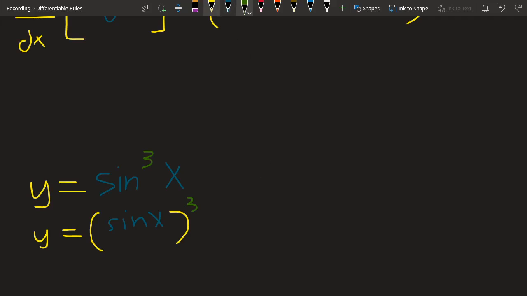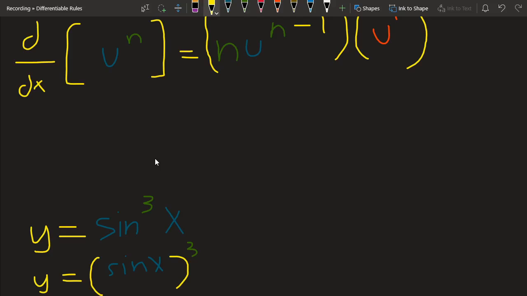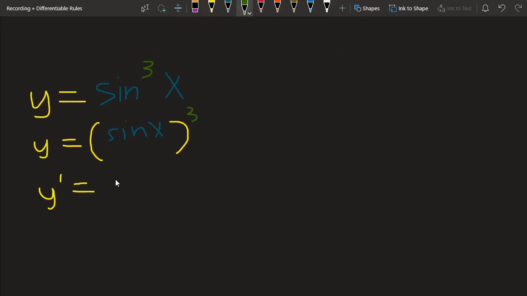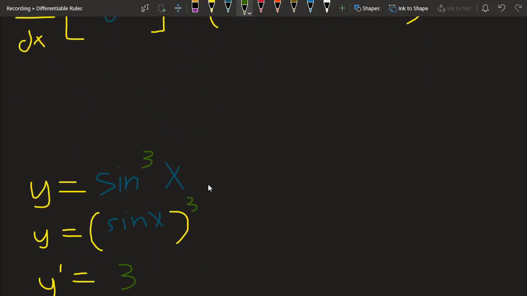If we're asked to find the derivative, which of course we will be, y prime equals, then we can apply the rule we learned up here. First we look at the n, and in this case n is 3, so we write 3 times u, and u is sine of x.